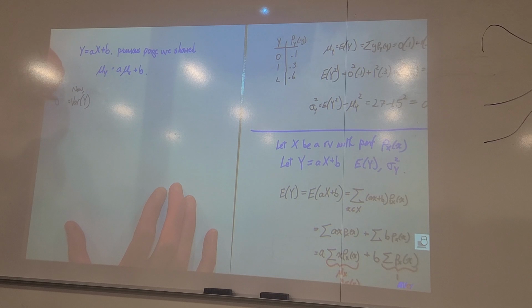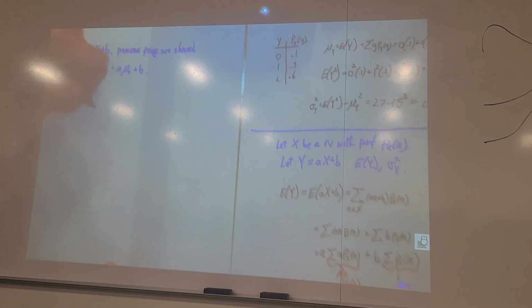Maybe we denote that sigma squared, and we can subscript it with a y if we want. This particular one is a little bit easier to just keep in terms of the definition. That's going to be the expected value of y minus the mean of y, quantity squared.